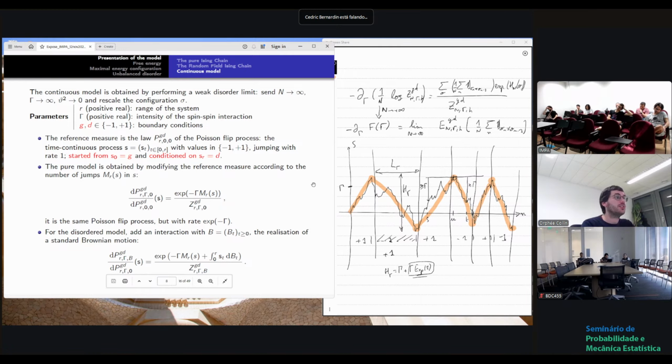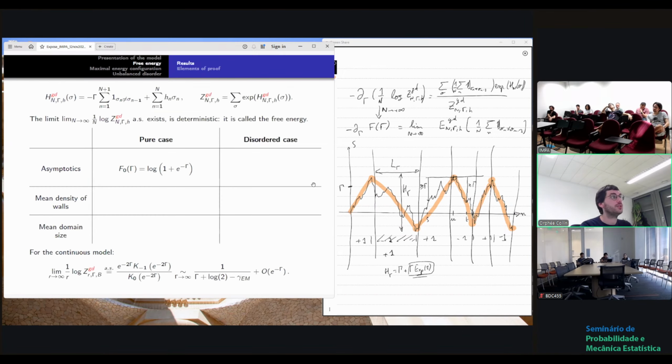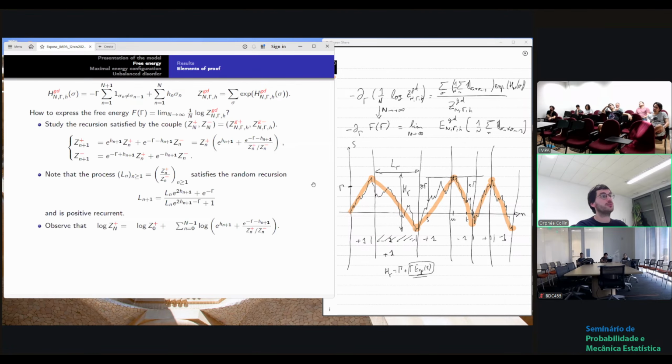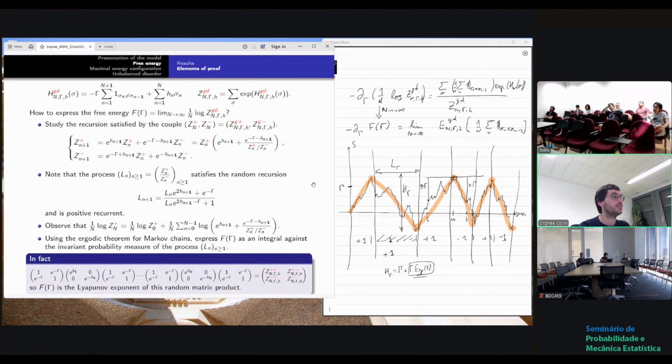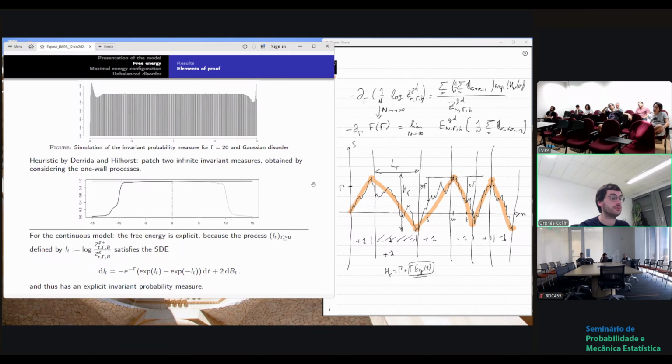So you can think of it as the same kind of model, just that the space is continuous, but the stakes are not the same in terms of proof, because in the continuous model, some things are more computable, but technically some others are more difficult.